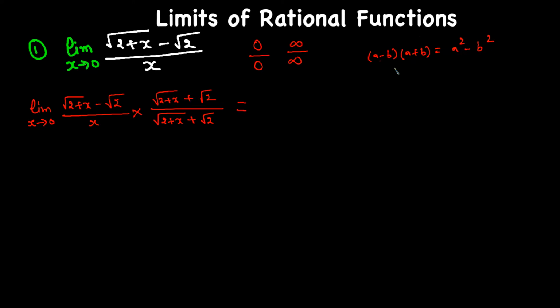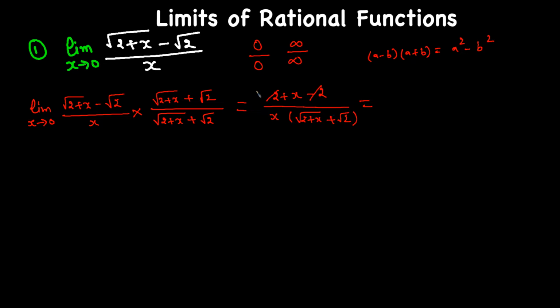So we're going to use this identity over here. Our a is root of 2 plus x, so the square of that gives me 2 plus x, and the square of b, which is square root 2, gives me negative 2. And in the denominator we have x times root of 2 plus x plus root 2. Alright, so let's simplify it.